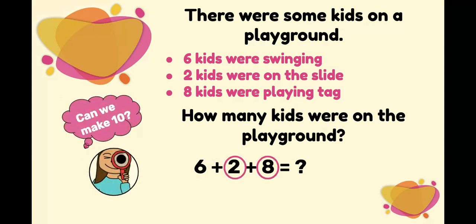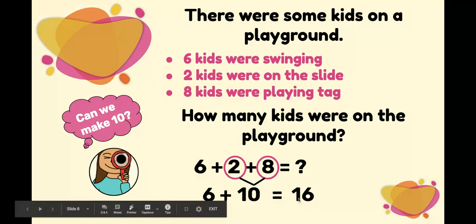Well, I know that 2 and 8 together give us 10, so I'm going to put those together to make it easier, and then I'm going to add on my 6, as I can't forget that third number. So instead of saying 6 plus 2 plus 8, I'm going to make it a little bit easier and say 6 plus 10, which gives us 16. So to answer this question, how many kids are on the playground, our total would be 16.